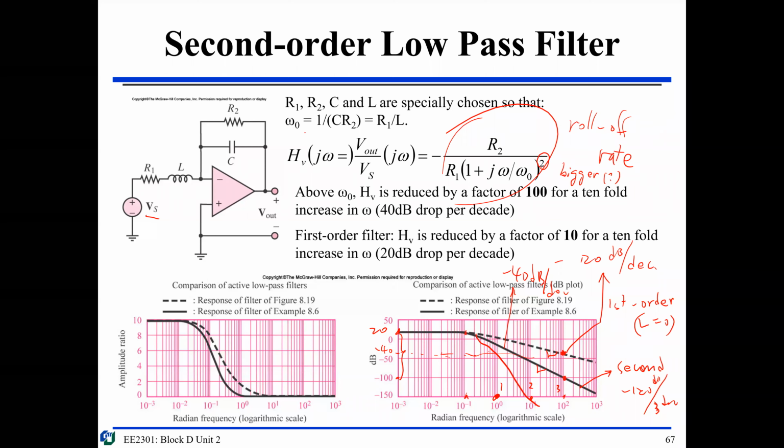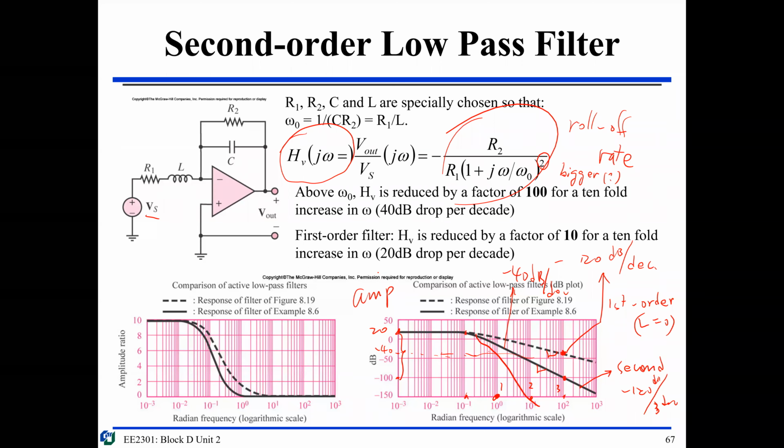This is called a transfer function, a frequency response transfer function, the complex gain. Here we only plot the amplitude. What about phase? Amplitude and phase together are called Bode plots. We are going to do that later.